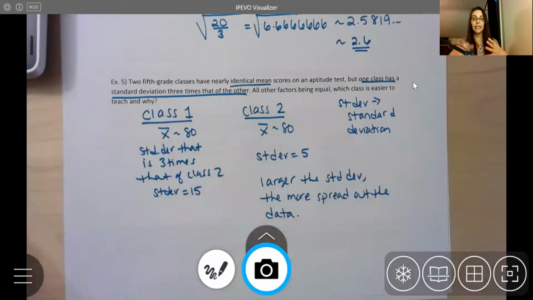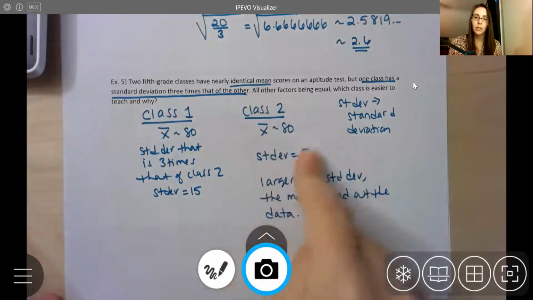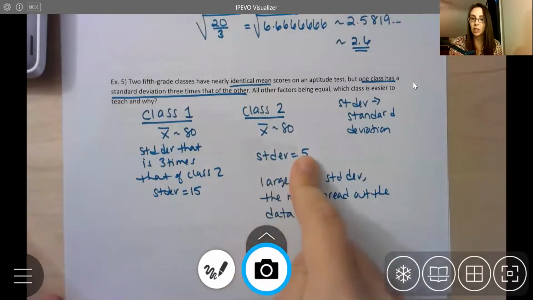So from a teaching perspective, it's much easier to teach students who have the same basic level of knowledge and same basic level of understanding, right? We can kind of teach one way and the whole group is kind of on the same page. So this group here, class 2, is going to be much easier to teach, right?